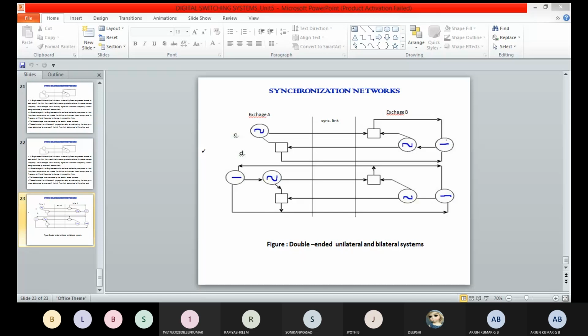Now what happens in an advanced DSS system? They are using the integrated digital network. In the synchronous network for this kind of IDN, they require some auxiliary network that must link to all the exchanges in the digital network.